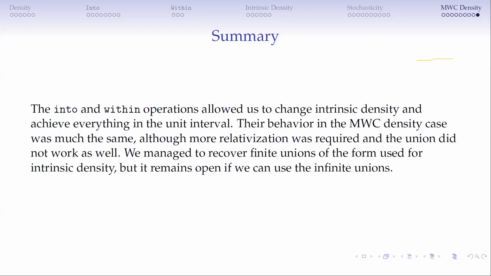And then for Church and MWC density, they did pretty much the same thing, although we needed more relativization. And there's some open things for the MWC density case, but those came from the different behavior of sort of traditional operations for sets as opposed to the into and within operations. Okay, so that's everything I have to say.